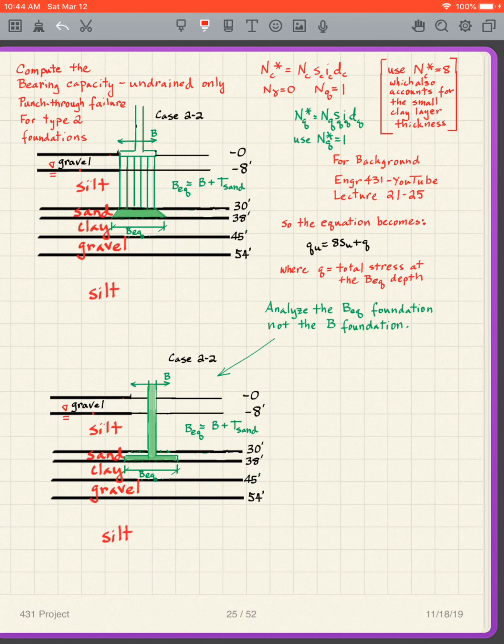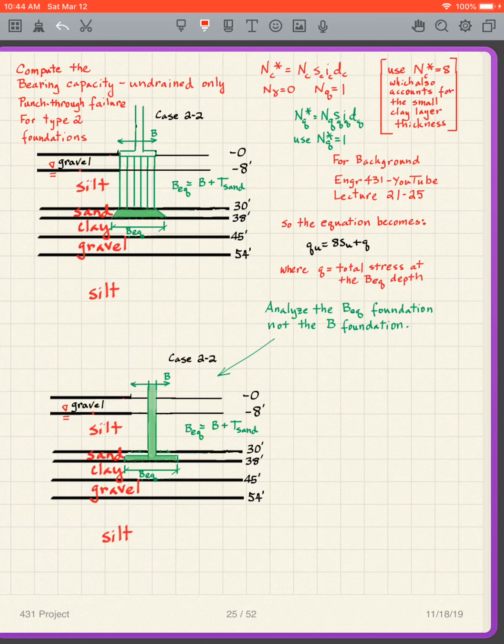Okay, so at this point I'm going to assume that you have done the review and you understand what I'm saying next here. So what we're going to evaluate is this equivalent foundation.